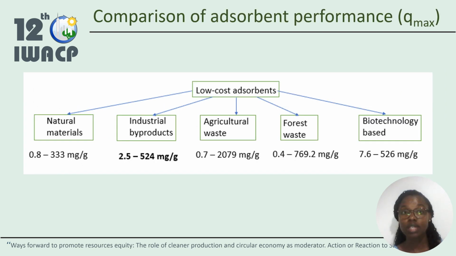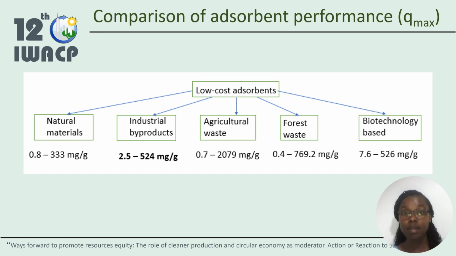Low-cost adsorbents can be grouped into 5 groups depending on where they are sourced from, namely natural materials, industrial byproducts, agricultural waste, forest waste, as well as biotechnology-based low-cost adsorbents.